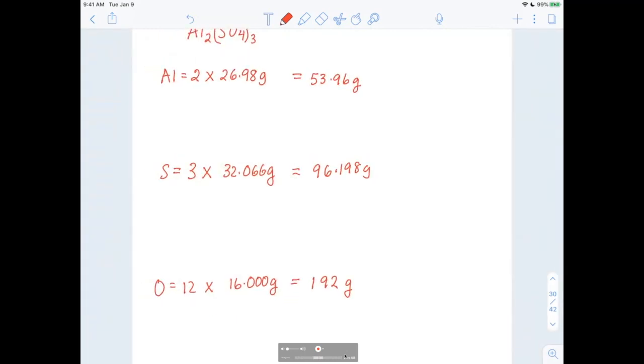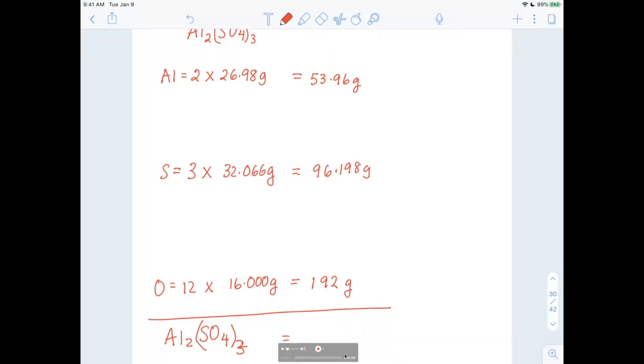Okay. So when we go ahead and figure out the total, our total here is for aluminum sulfate. Our total weight is, you just add these 3, 192 plus the previous numbers I wrote.